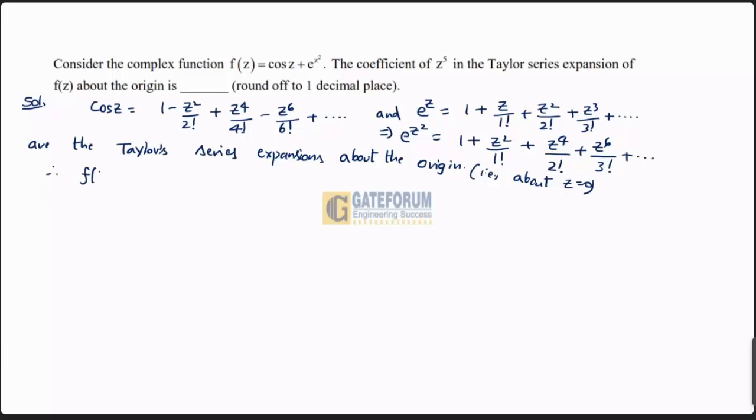Therefore, f of z is equal to the given function cos z plus e power z square.